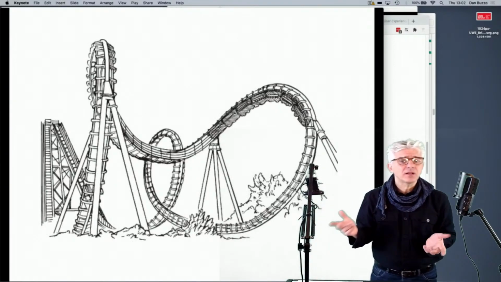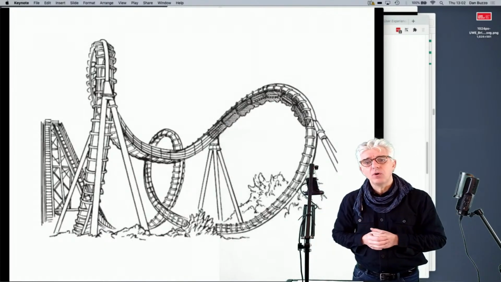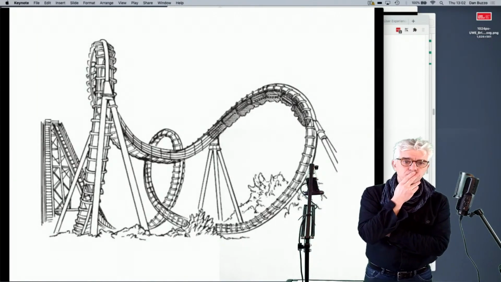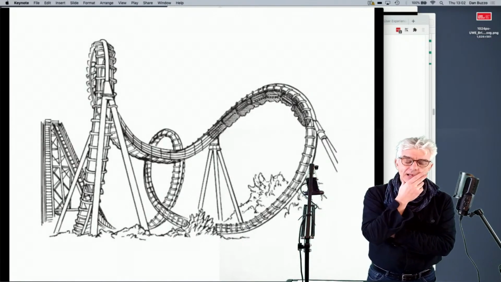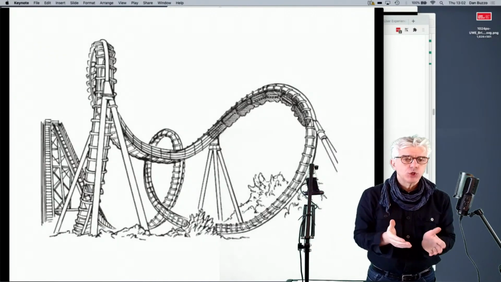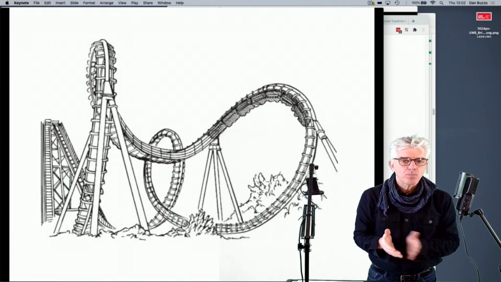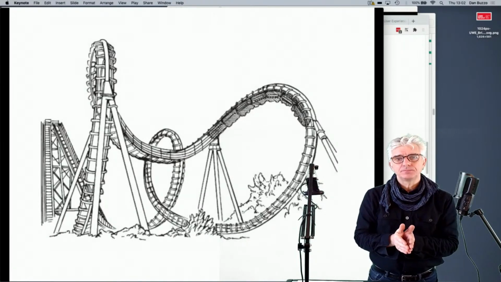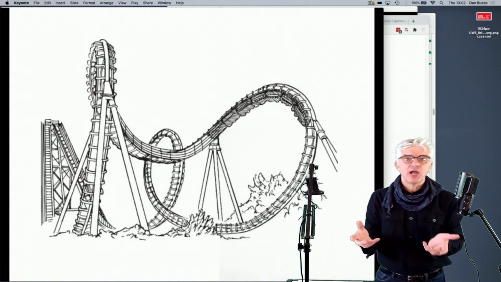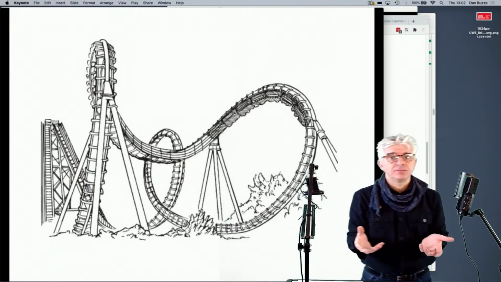The example that I'll give to you, I mentioned this before, about qualitative and quantitative, is looking at a roller coaster. Now, on one hand, we have the same contradiction. People queue up and pay good money to have what is, on the face of it, an essentially unpleasant experience.